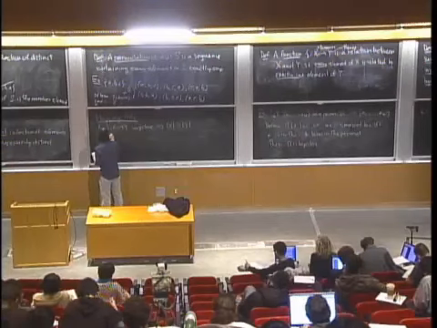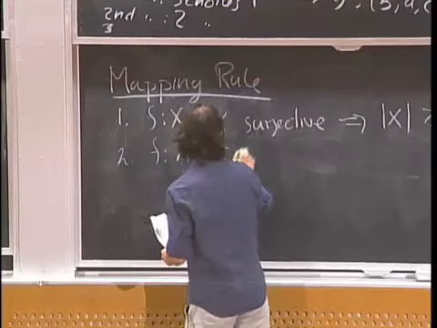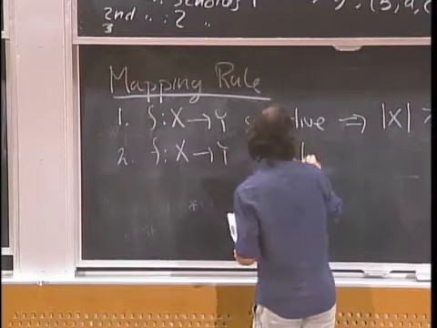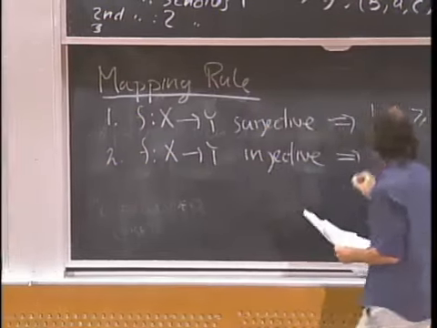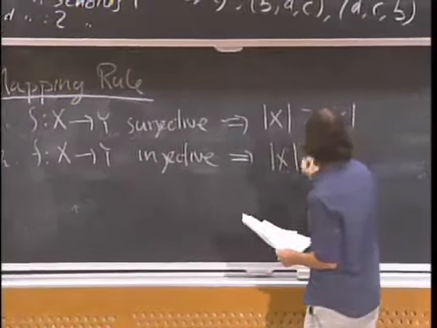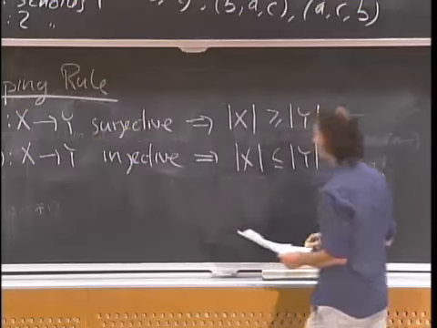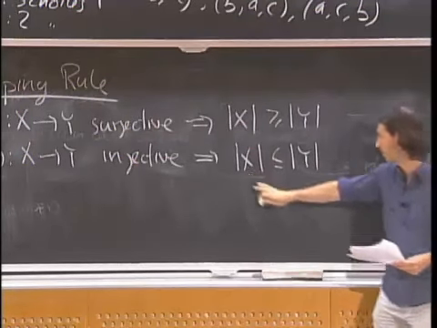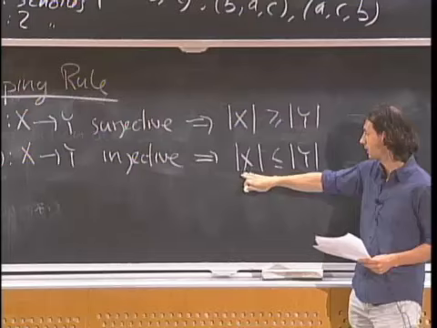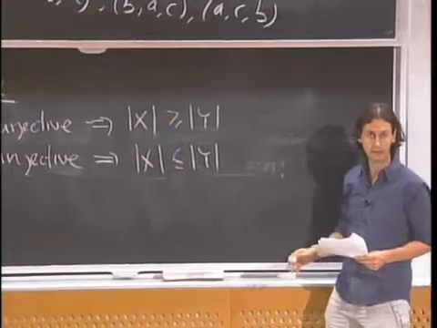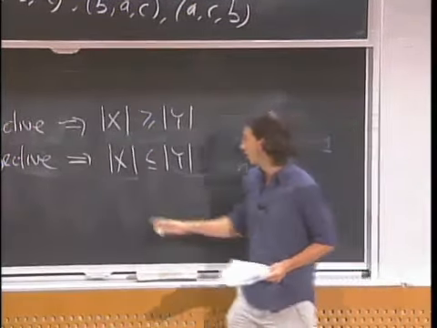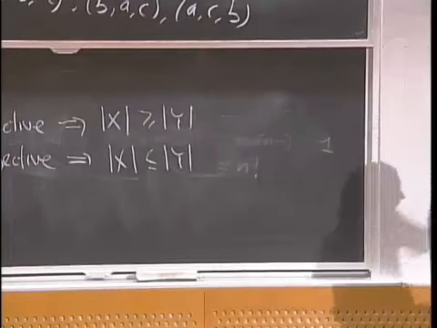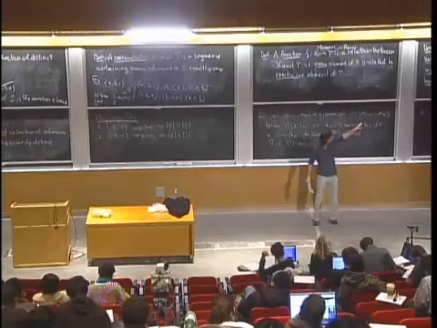And if a function f is injective, well, in that case, we know that the reverse relation holds, so inequality holds. The cardinality of x is at most the cardinality of y. So why is that? Well, every element in an injective function, right?